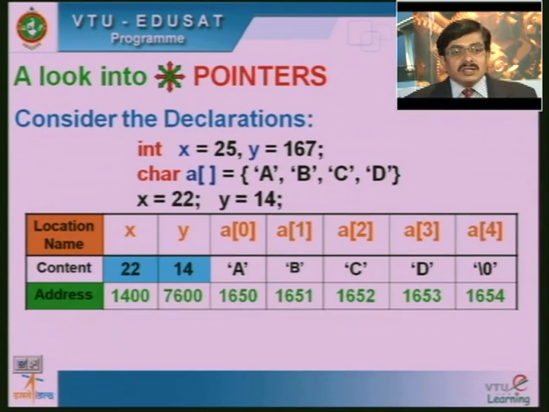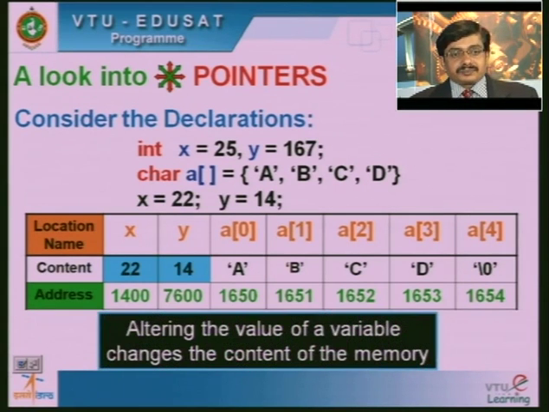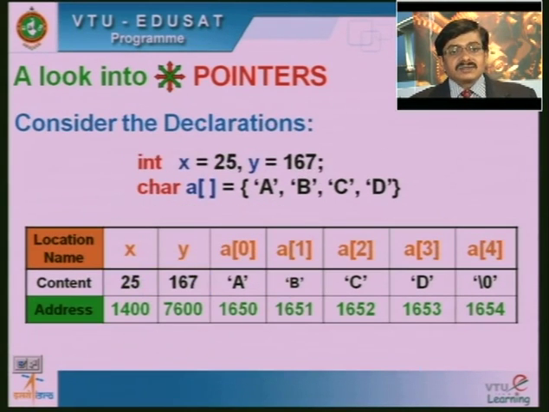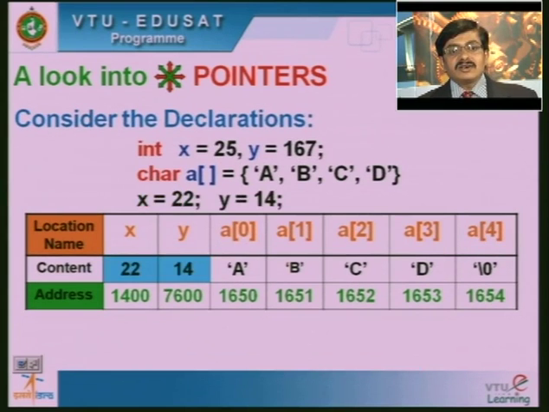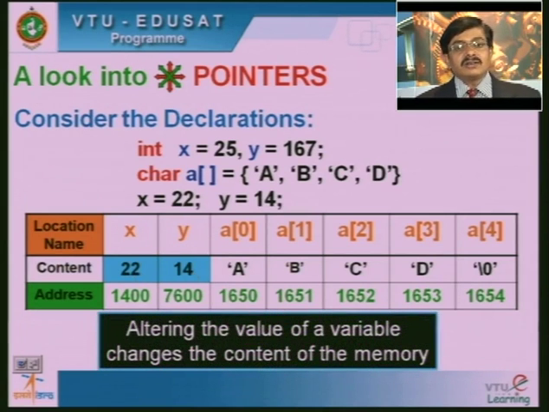So in the previous case x is 25 and y is 167, and now if I alter the value of x to 22 and y to 14, what happens is x will get the value 22 and y will get the value 14. So what we can note here is that altering the value of a variable changes the content of the memory location.